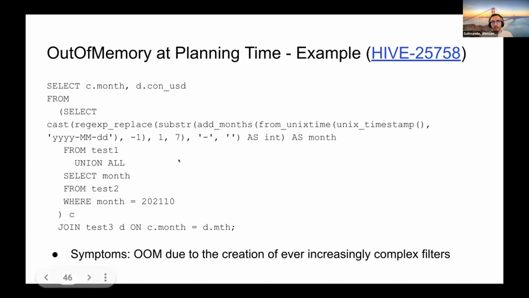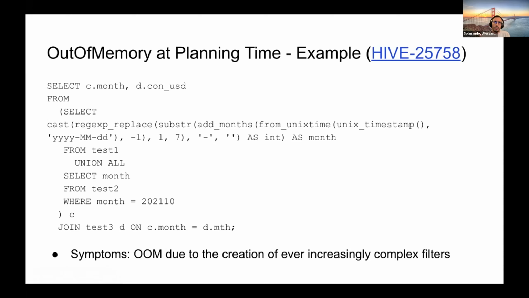We have a rather simple query with an equijoin from this table test3 and a subquery with a union between two tables, test1 and test2. So it looks rather simple.